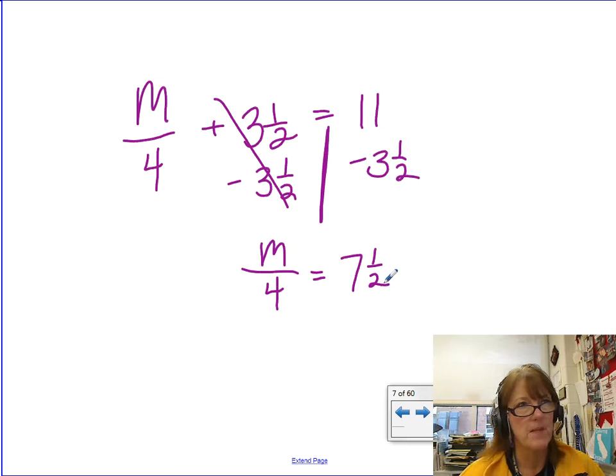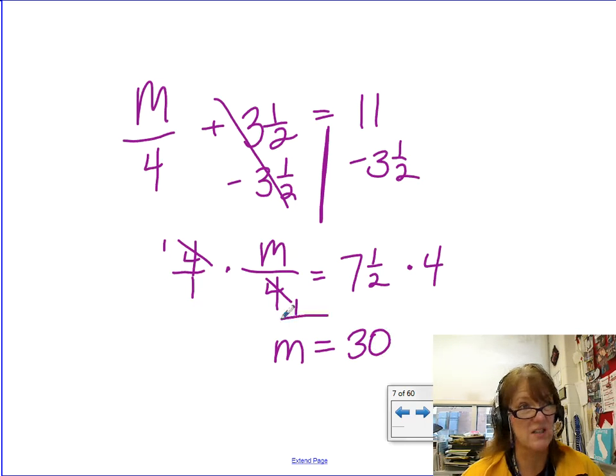Alrighty, good to go. Here's m. I'm dividing. The way we counteract this is we multiply. And when you multiply by 4, this 4 divides out this 4 in the denominator, and that's why we're left with m, 1m, yay. And this should give you exactly 30.